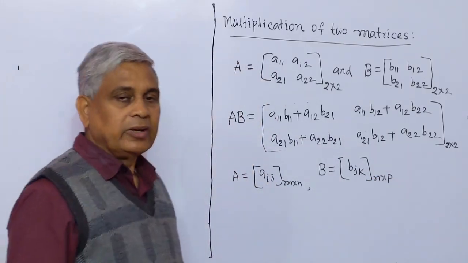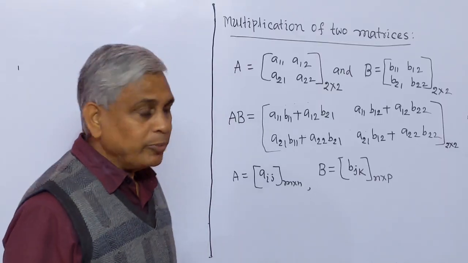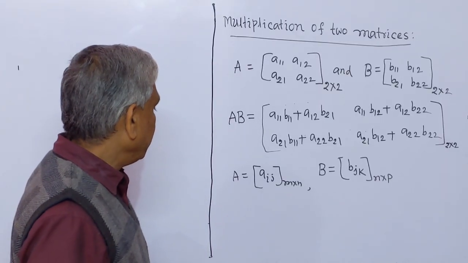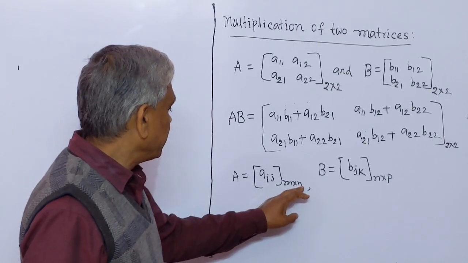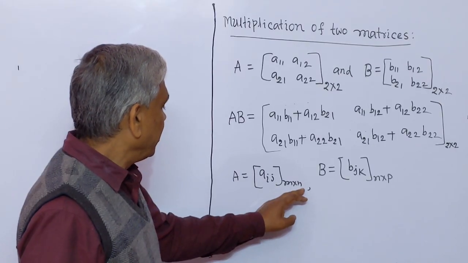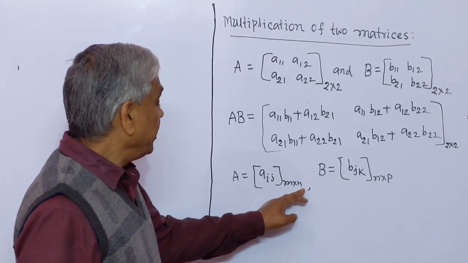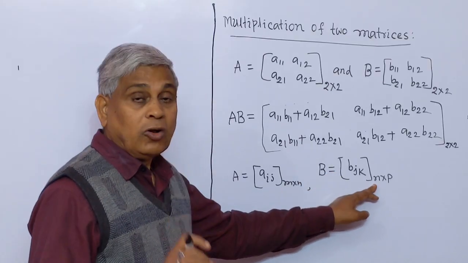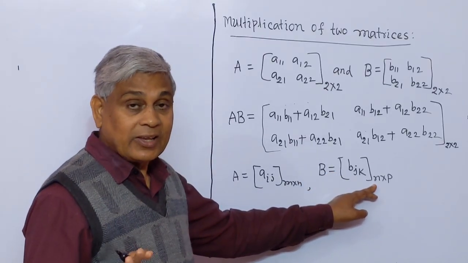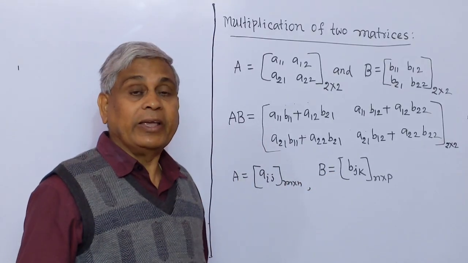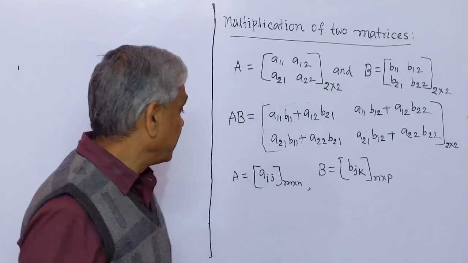It is important to remember that for matrix multiplication, the number of columns N of the first matrix must be equal to the number of rows of the second matrix. Then we may multiply these two matrices.